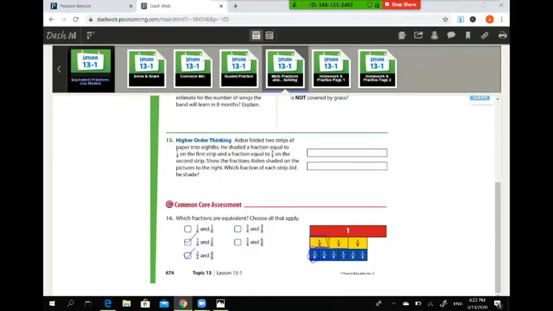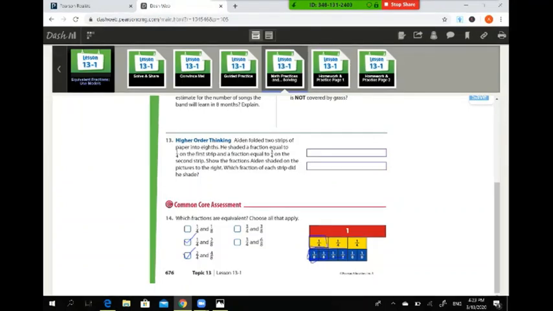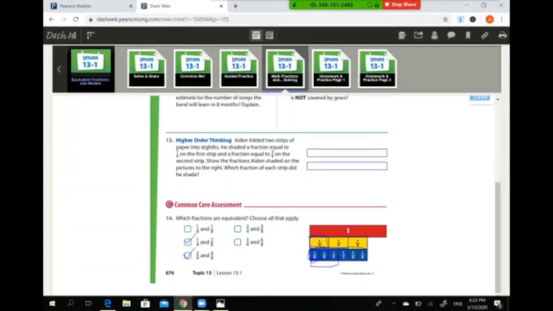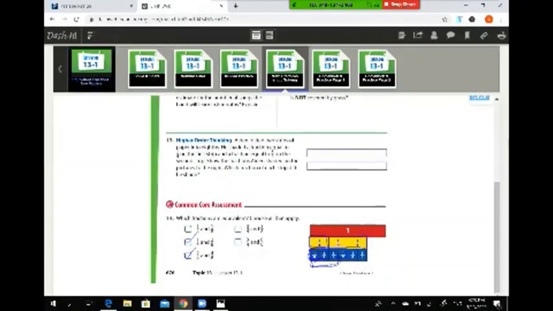3 over 4, all of it, all of here, and 3 over 8. 3 over 8 is just 1, 2, 3 till here. So do you think 3 over 4 from here to here and 3 over 8, which is from here to here, are equivalent? No. Okay, let's see the last one, 3 over 4 and 6 over 8. 3 over 4, all of it from here to here.